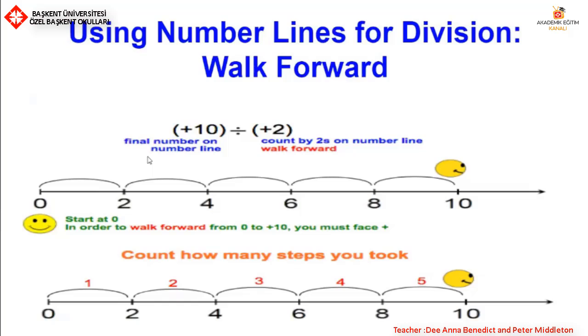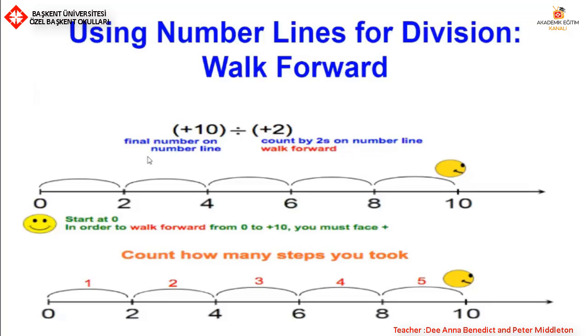Using number lines for division, this is the walk forward method. So in this picture, they count how many steps they took to divide the number. So the mathematics here is 10 divided by 2.